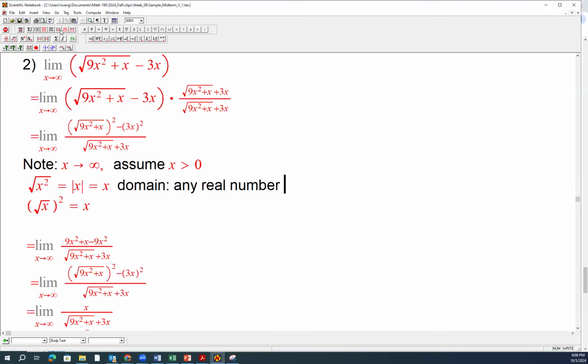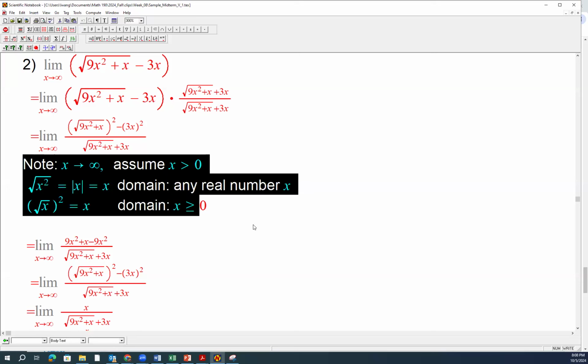Any real number x. And the second one, because we take a root first by order of operation, the domain is x greater than or equal to 0. All right. So we must be very careful about these things.